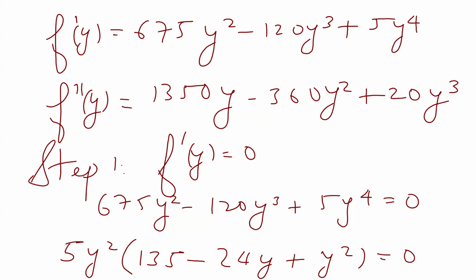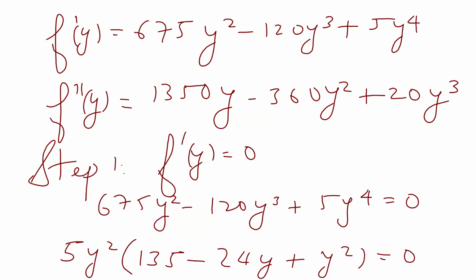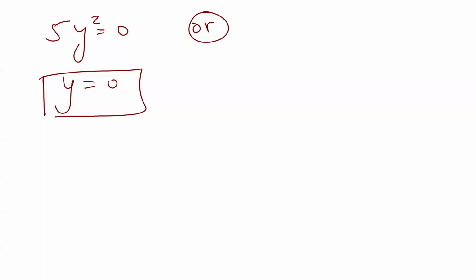Now we'll get two things. 5y square is equal to 0 and the quadratic is equal to 0. Quadratic is y square minus 24y plus 135. The first thing will give you y is equal to 0. The second thing is the quadratic. Now guys, you have to factorize this.